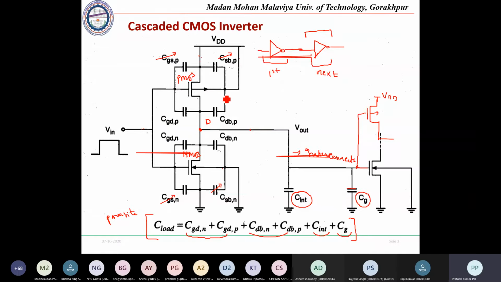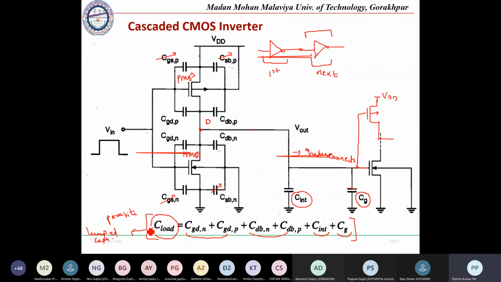But instead of writing all the individual capacitances, we will combine them into a single capacitance term, which we will call C load. This C load is called the lumped capacitance.